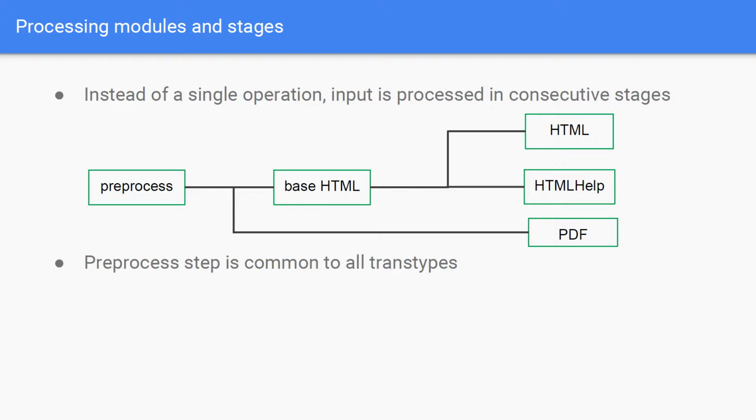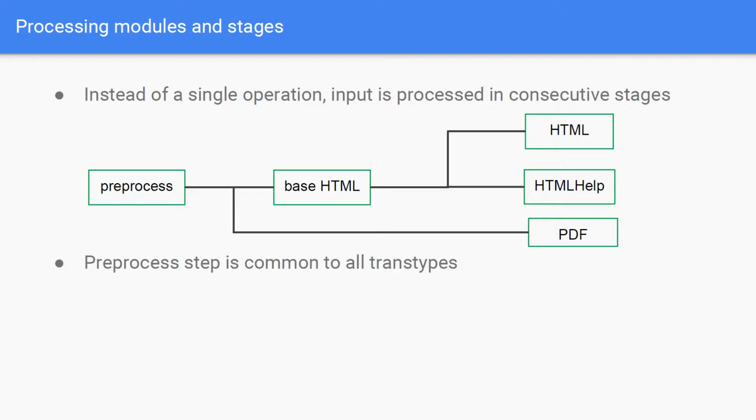So historically, DITA-OT processing has been in different stages. It's usually two: the pre-processing and then the transformation-specific stuff. There's the base HTML processing, which really doesn't exist as a separate step, but think in terms of different steps that the content flows through.